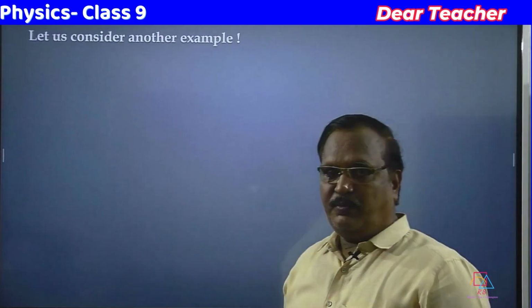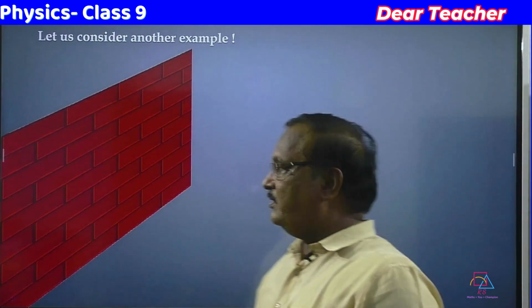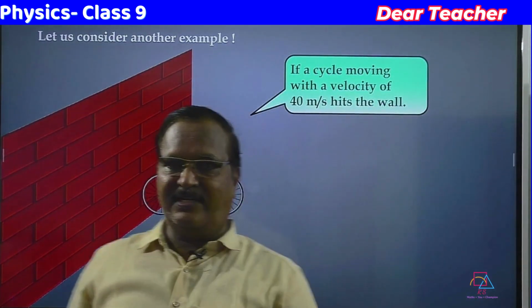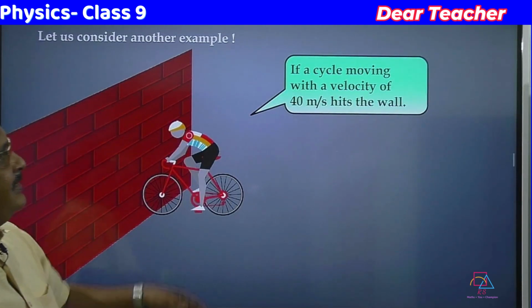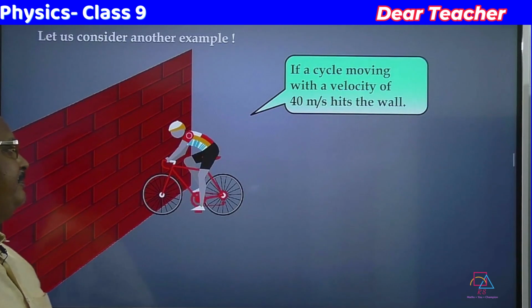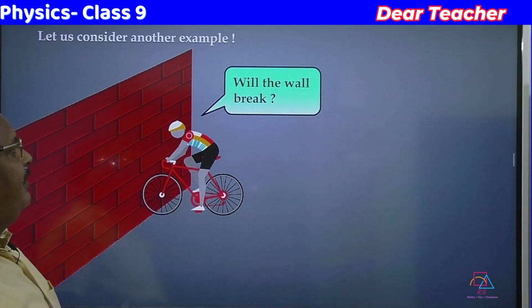One more example, again a wall and a cyclist. A cycle is moving with a velocity of 40 meters per second and hits the wall. Okay, so then what happens? Will the wall break?